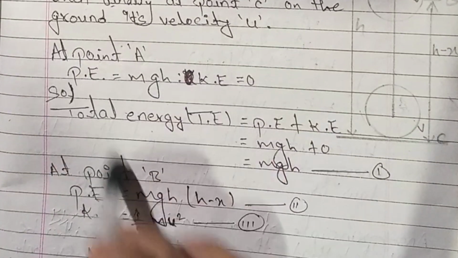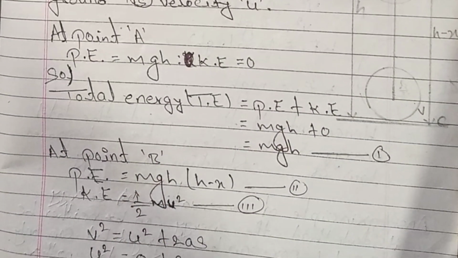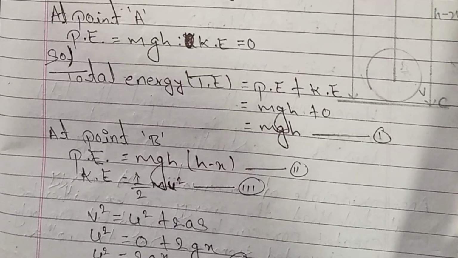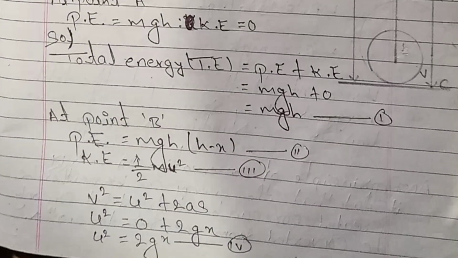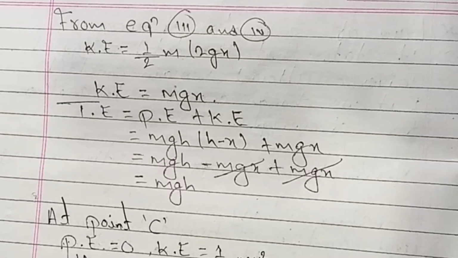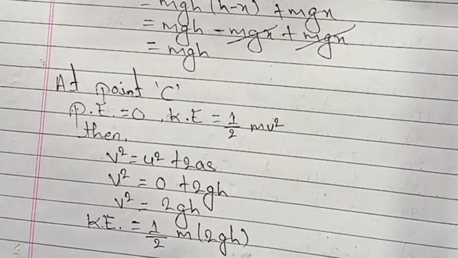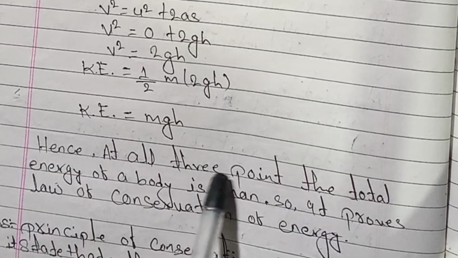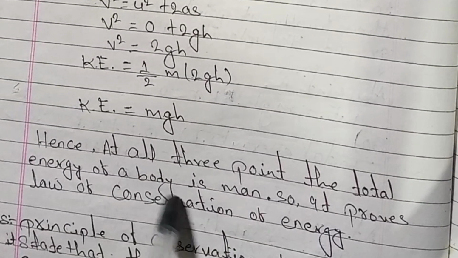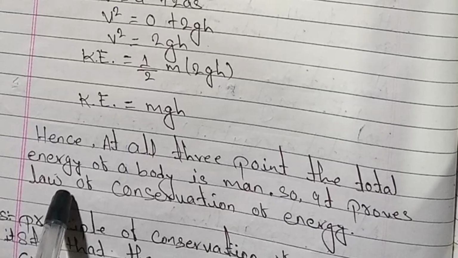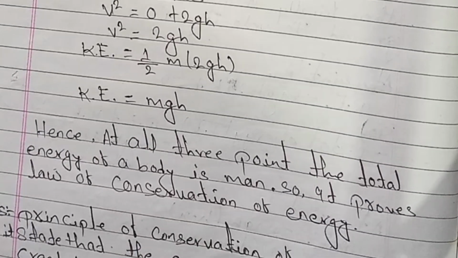So you can calculate this. At all the 3 points, the total energy of the body is the same, so the law of conservation of energy is proved.